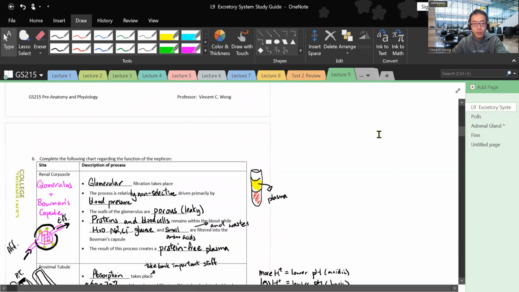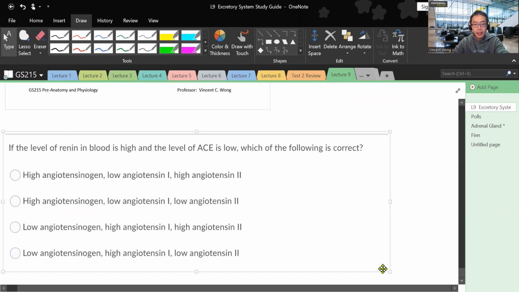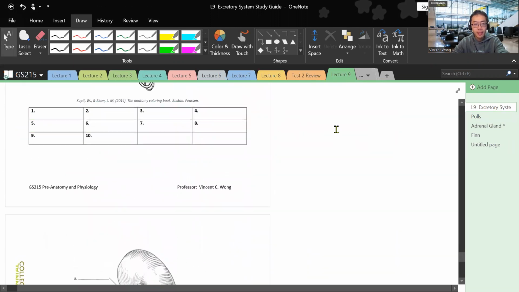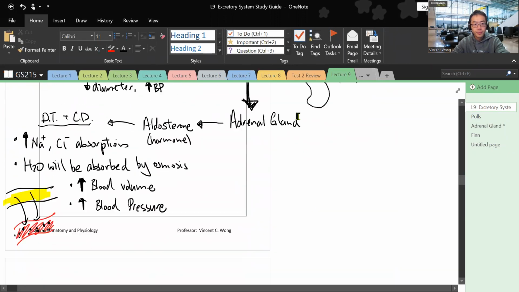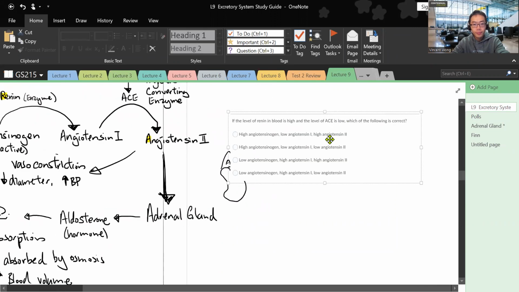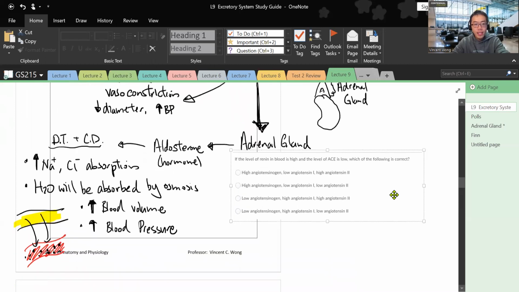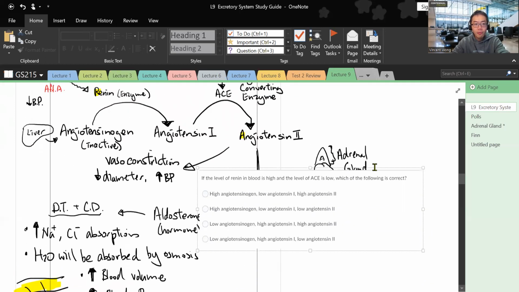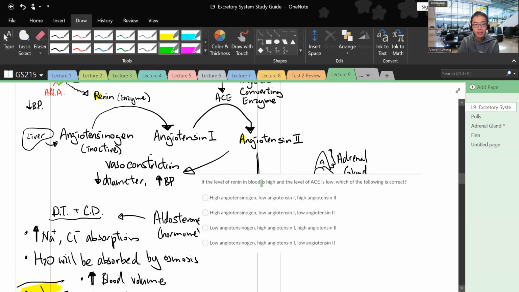Okay, so to do the question, we're gonna have to go back to this thing that we just drew, and hopefully it will make sense when I try to explain it to you. Okay, so the question says the level of renin is high, high renin, but ACE is low.